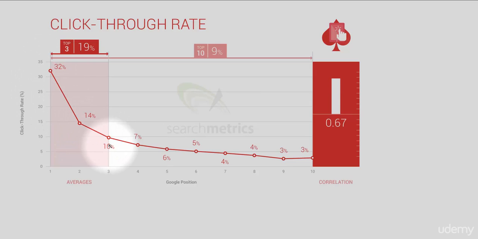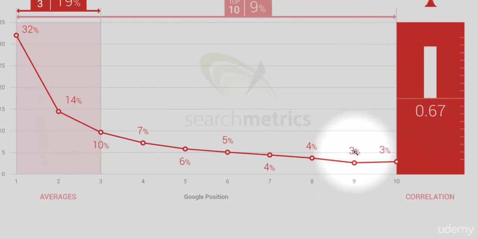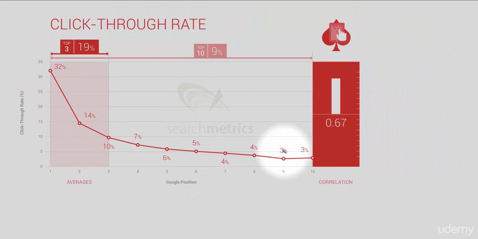Also, the CTR of the third search result is lesser than the second, and it goes on like this, right? But the CTR of the 10th search result is almost equal or slightly higher than the 9th search result. Likewise, only one third of the results show exceptions to this rule, which can also be said as 67% positive or 0.67 correlation, in other words.